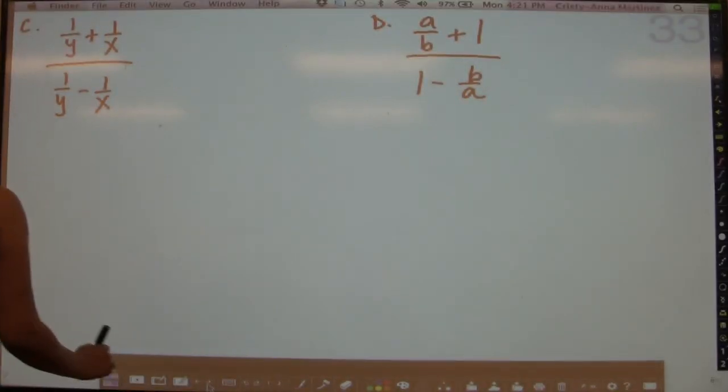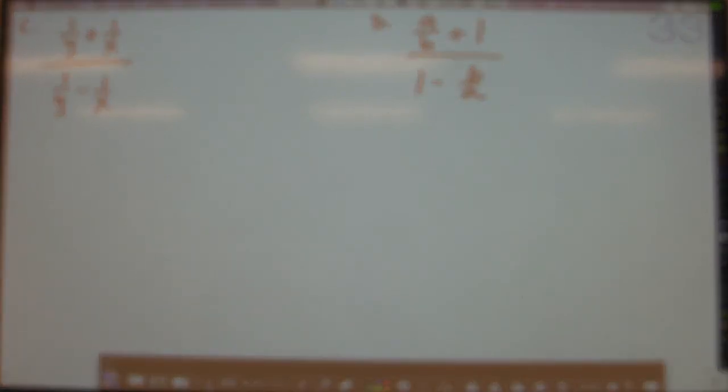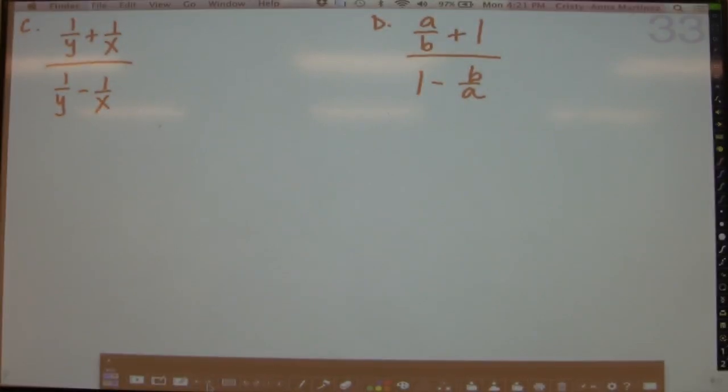There's A, B, and then C and D. After you do this example, you can use whichever method is better for you when you do the homework. But for this do-it-yourself question, I want you to try doing it the way that I did it in the example. All right, once you have completed this do-it-yourself question, then you will have completed your notes for this lesson, and I will see you in class, and thanks for watching.